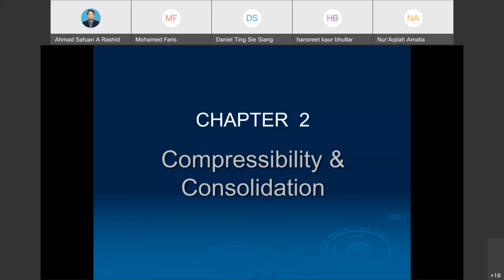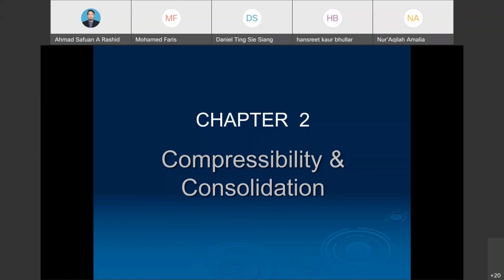Okay. So for this chapter 2, we will discuss compressibility and consolidation. Imagine that you have a land or ground, and we plan to construct a building, and for the footing itself, we may apply a certain load on top of the footing.